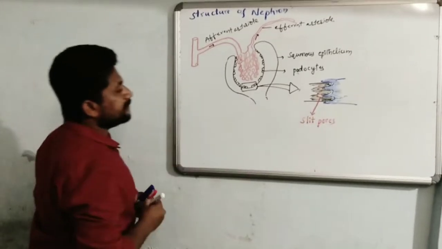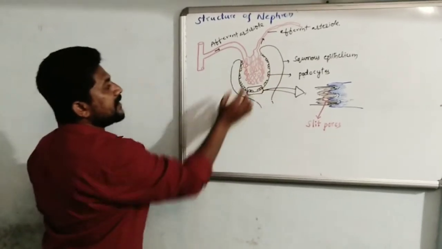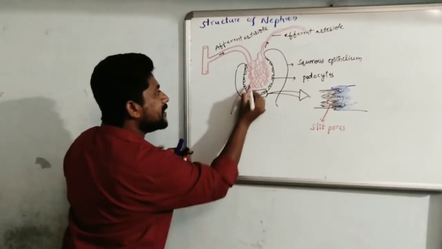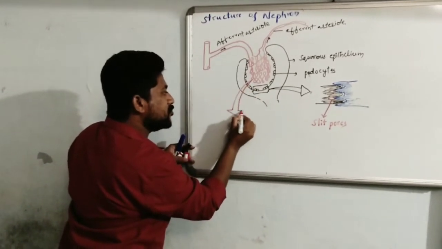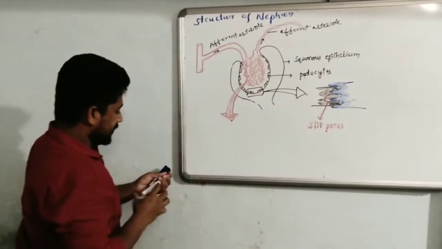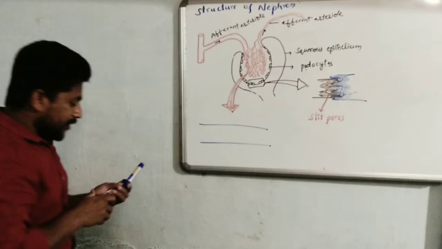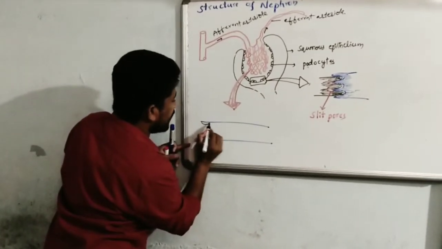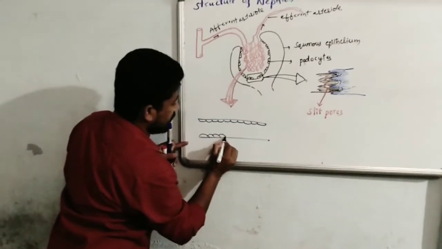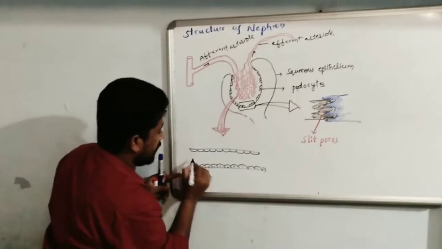Each podocyte is very closely associated with the capillaries. If we zoom into one capillary, we know that each capillary is lined by an endothelial layer like this.